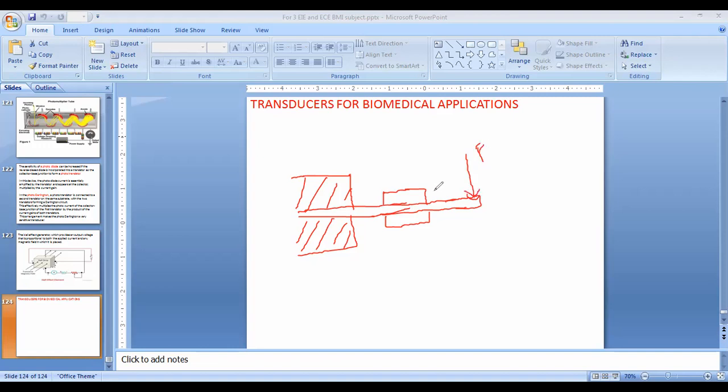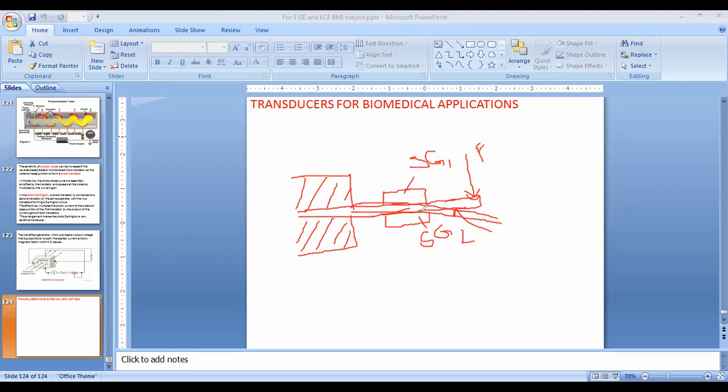We will apply some force in this direction. Here, this is the strain gauge 1. This is the strain gauge 2. And this is a strip. When we apply the force on this vertical strip, the strip will be bent. Due to that, the strain will fall on both the strain gauges.